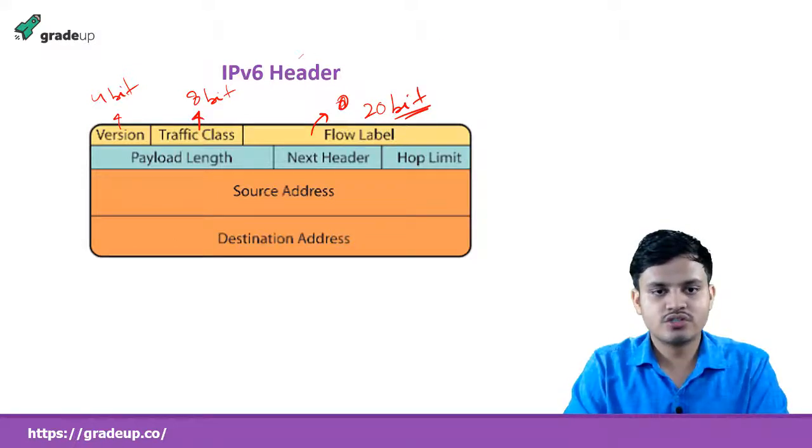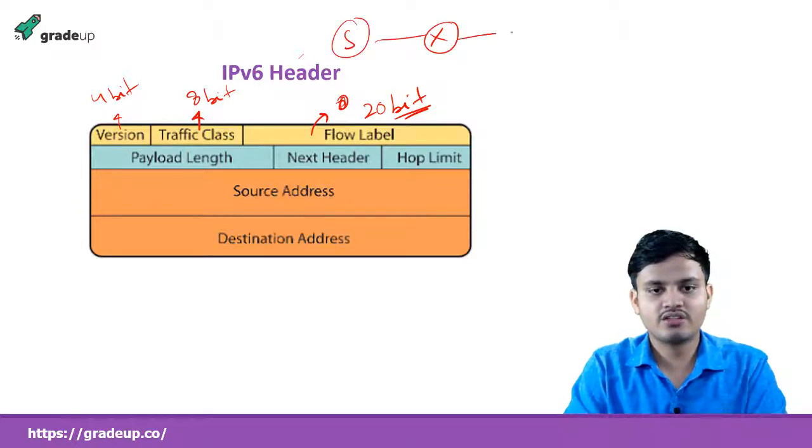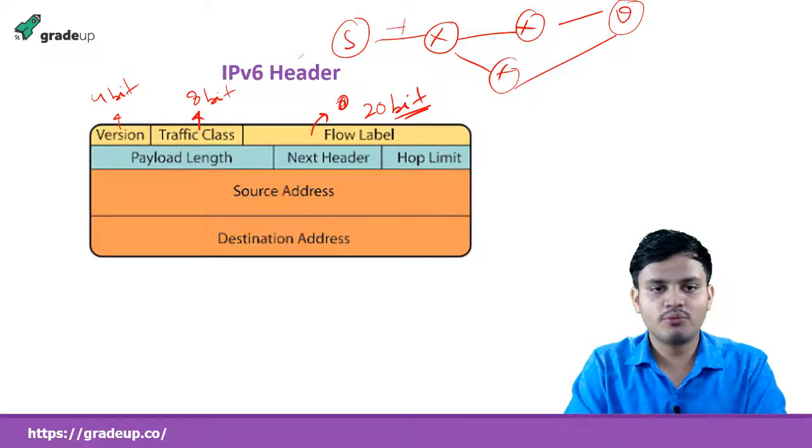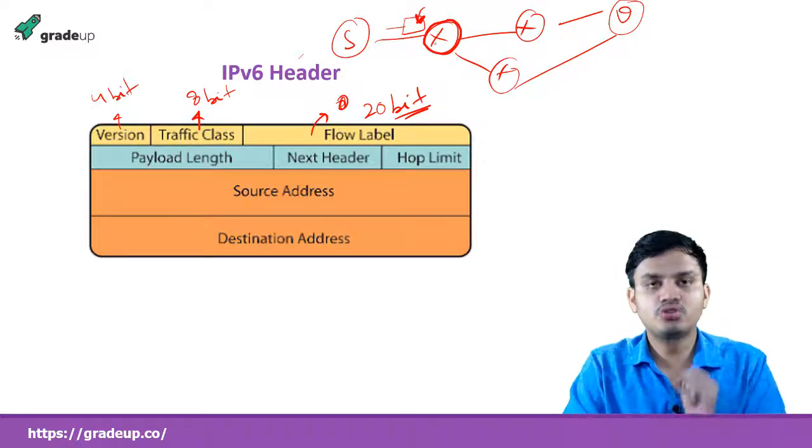Suppose this is the router, this is the source and this is the destination. If a packet comes to that router, it will check the flow label. If it has the same flow that it has recorded, then it will understand to which path it has to send it.